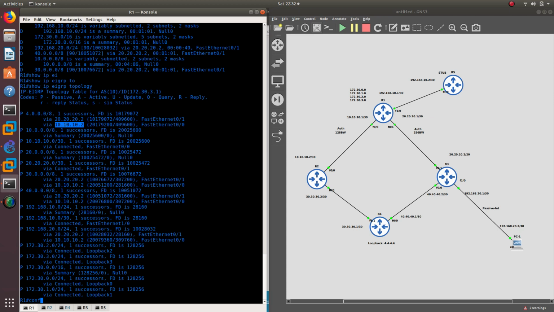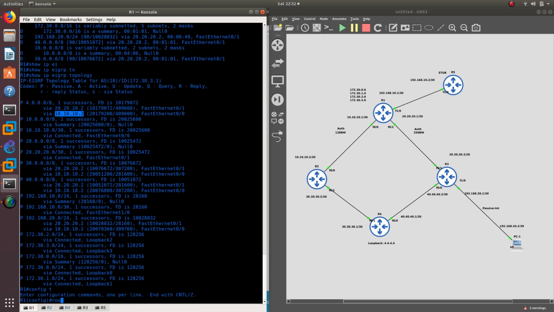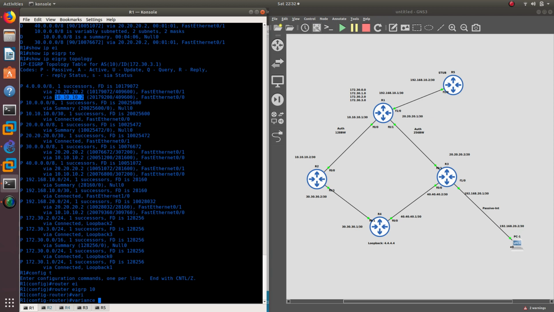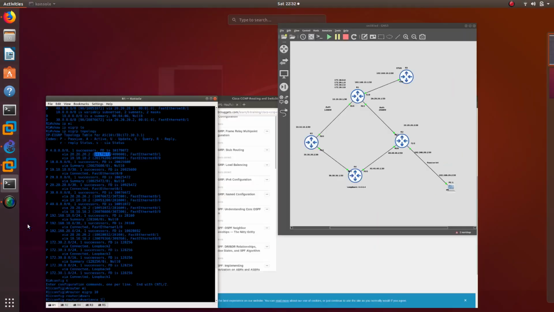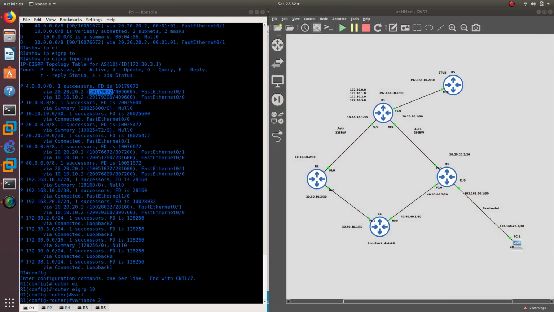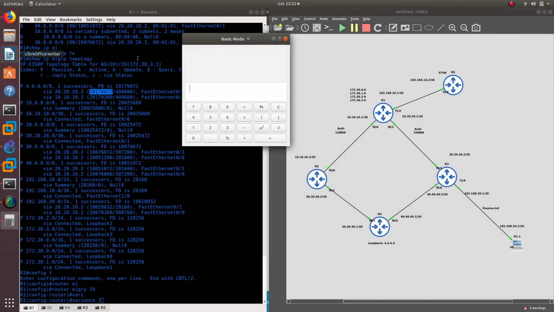Let's go ahead to config t. Let's go to router eigrp 10, and all you have to do is do a variance 2. What this number 2 is going to do is multiply the feasible distance by 2. Let's pull up a calculator. There we go.